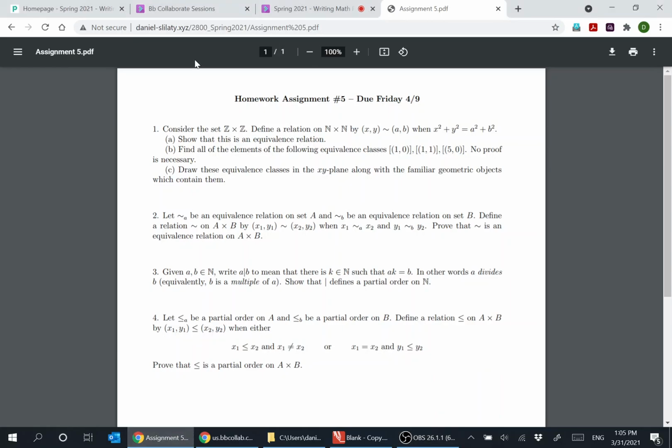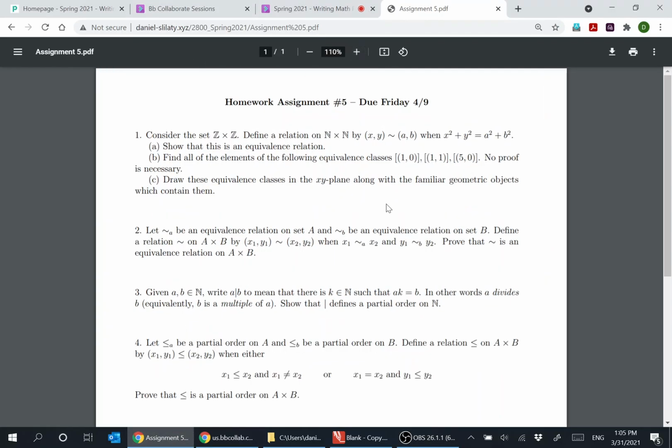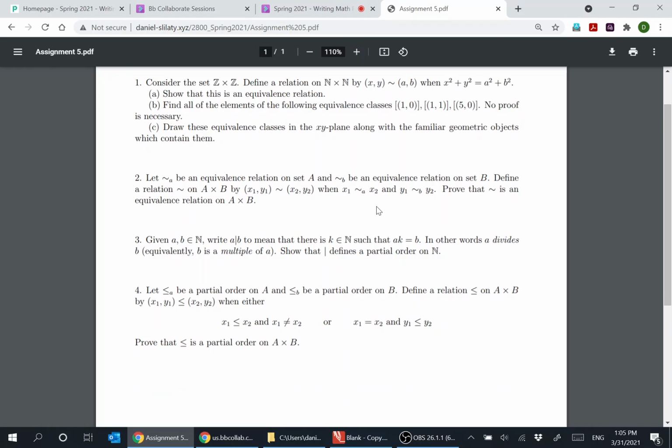So let's look at number 3. Given A and B in the set of natural numbers, we write A, vertical line, B to mean that A divides B, or B is a multiple of A. So that's a standard notation there.